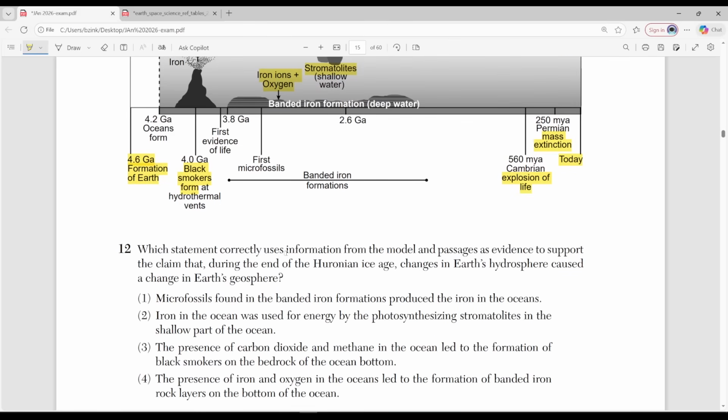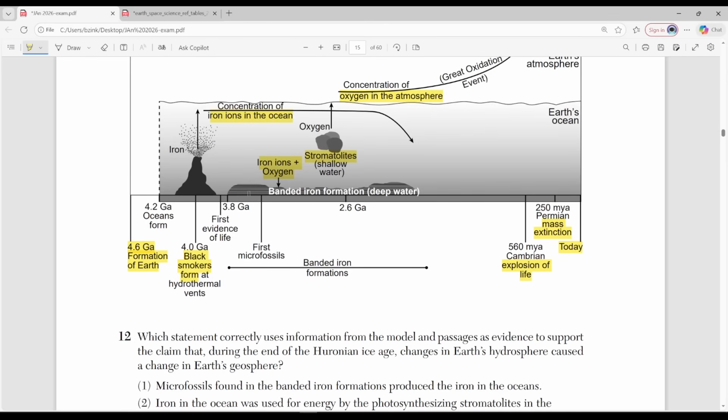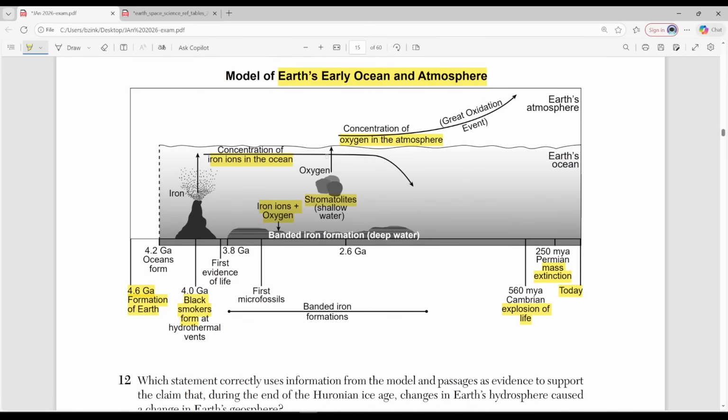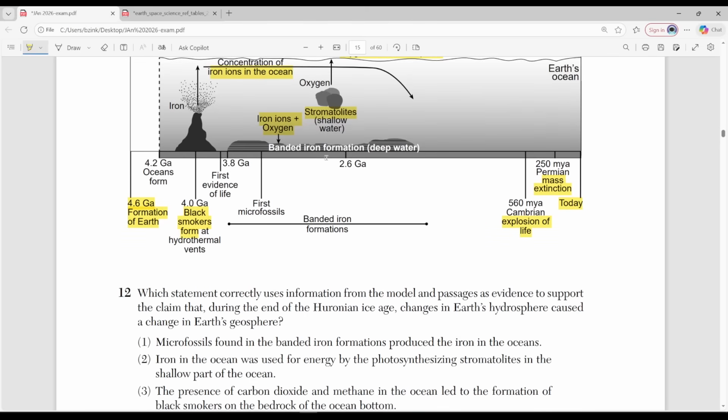Which statement correctly uses the information from the model as evidence to support the claim that during the end of the Huronian Ice Age, changes in the hydrosphere caused a change in the geosphere? Well, when stromatolites were formed, well, the geosphere, that's interesting. There's no microfossils that it mentioned, so I'm going to say that's wrong.